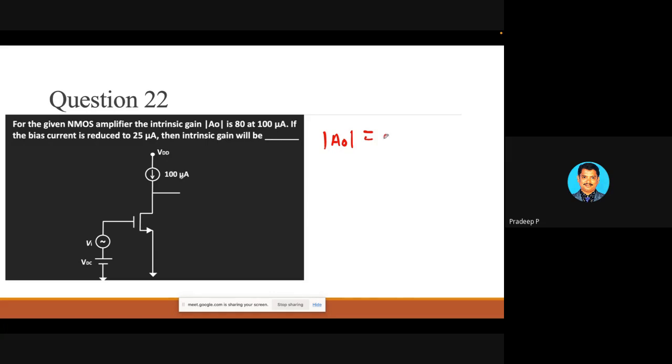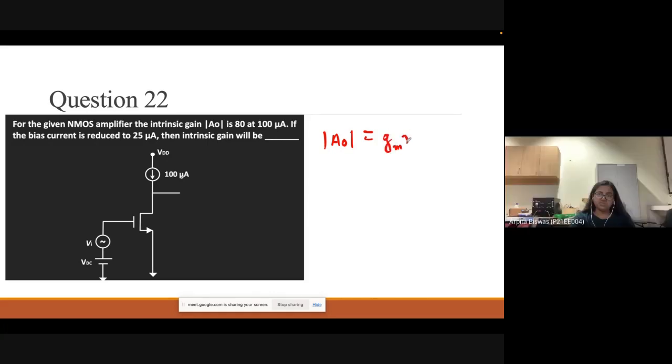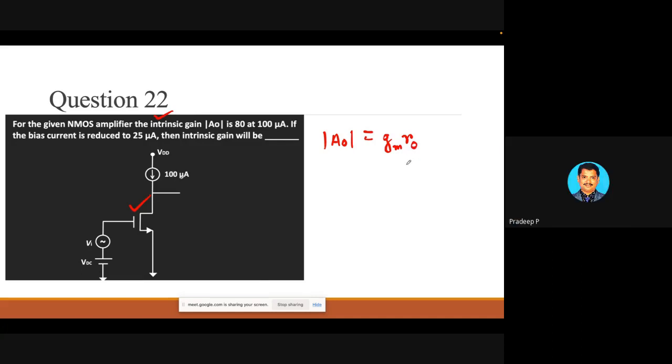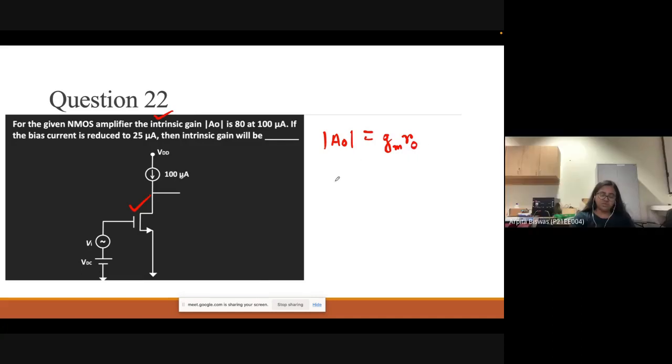GM into RD, madam. Yeah, intrinsic gain. Okay, so for the MOSFET, intrinsic gain is GM into R naught. And we know that the value of GM is, tell me the equation.